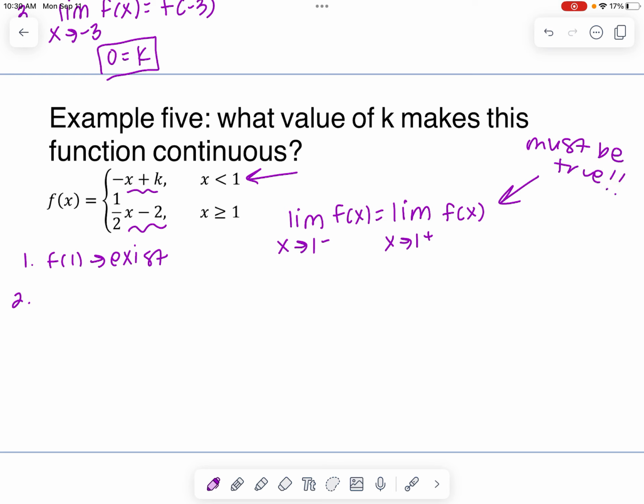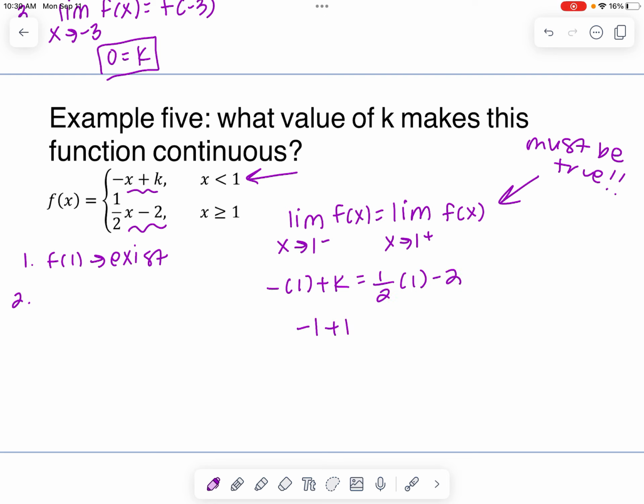So if I plug in the limit as x approaches 1 of f of x, I'll get negative x plus k. Oh, sorry, I should be plugging in 1 there. So I'll get negative 1 plus k equals 1/2 times 1 minus 2.